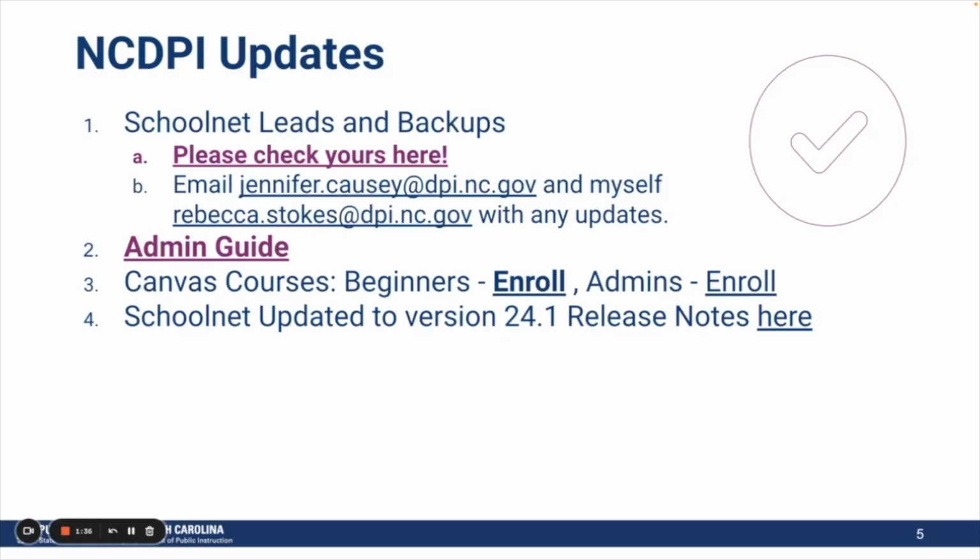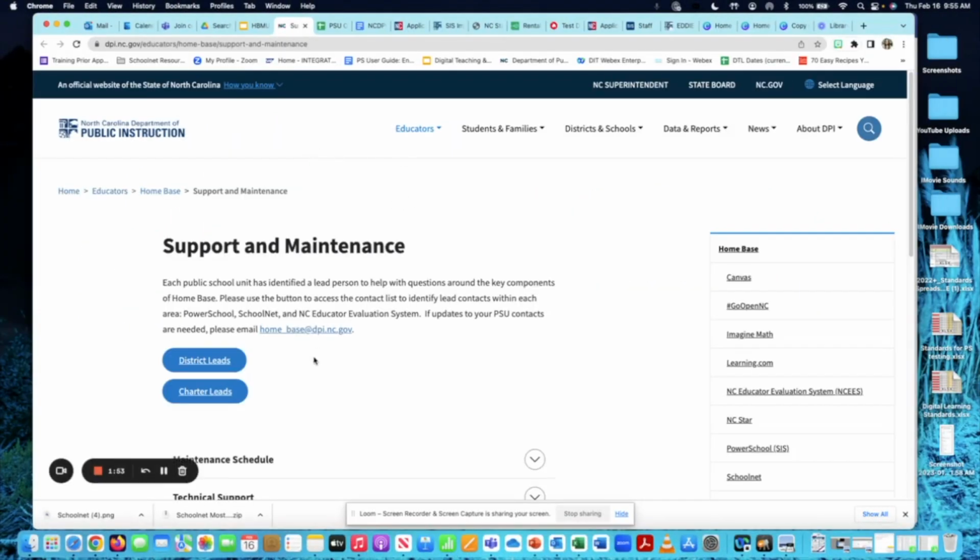All right, so first is the updates. The first thing is that you want to make sure that you check your school's leads for SchoolNet. You can also check for NESIS and SIS as well. When you click on this link here in the presentation, it's going to take you here. If you are a PSU, you would click on district leads, and if you are a charter, you'll click on charter leads.